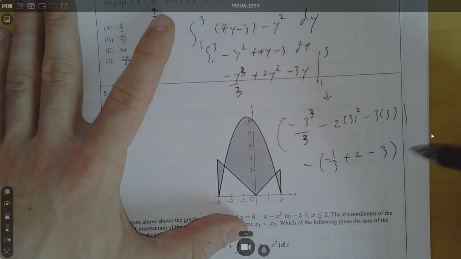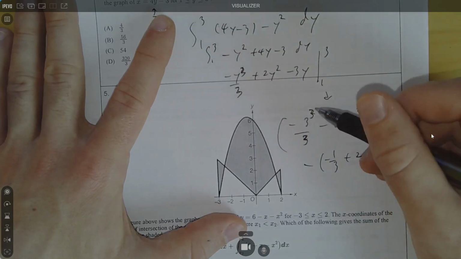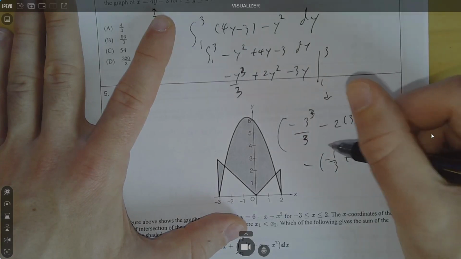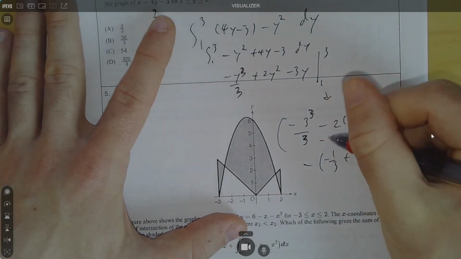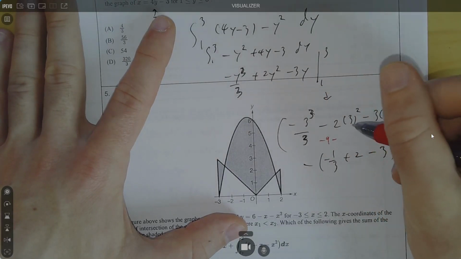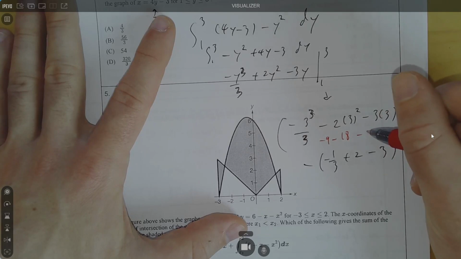It's actually very similar to the other problem. I'm looking at the numbers here. Okay, what does this become? Well, 3 cubed is 27, 27 over 3 is, negative, this is negative 9, minus, this is another, it's 18 minus 9 again.